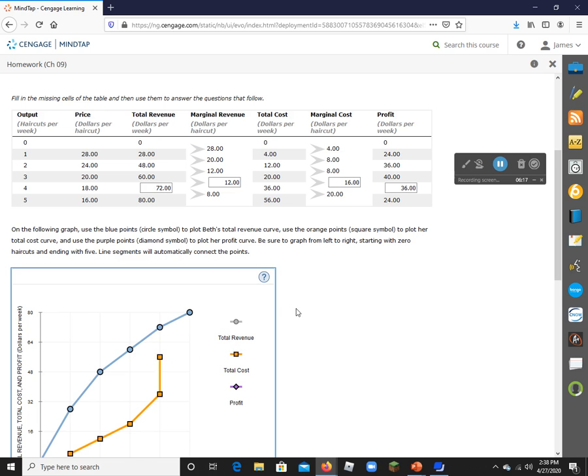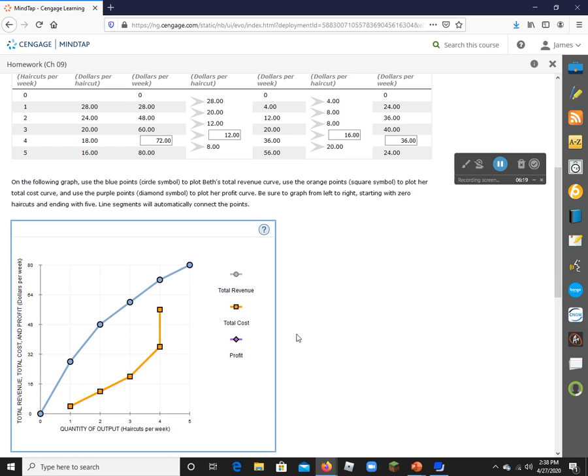Okay. And profit. No haircuts, no profit. Oh, we forgot. 0 haircuts, total costs are 0.